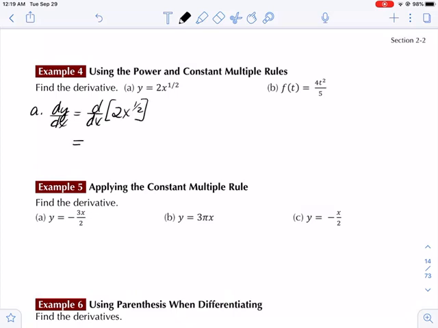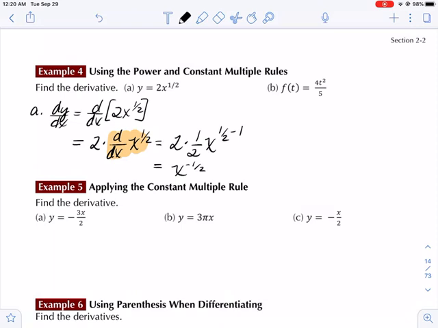So I'm just going to say that this is equal to 2 times the derivative with respect to x of x to the 1/2 power. And so now I'm going to work with just the derivative part. 2 times 1/2 x to the 1/2 minus 1 power. So it simplifies to x to the -1/2 power, sorry.